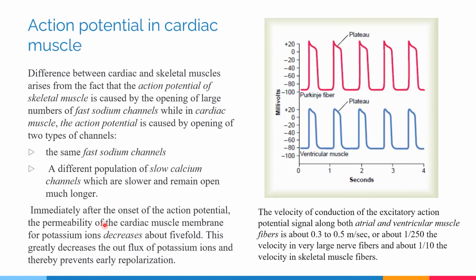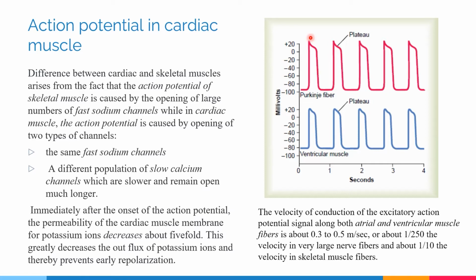Further, immediately after the onset of the action potential, the permeability of the cardiac muscle membrane for potassium ions decreases about 5-fold. This greatly decreases the outflux of potassium ions and thereby prevents early repolarization. If you remember the previous videos, after an action potential is initiated, once the membrane depolarizes completely and reaches the peak, repolarization occurs by opening of potassium ion channels, which allow flow of potassium ions out of the cell.